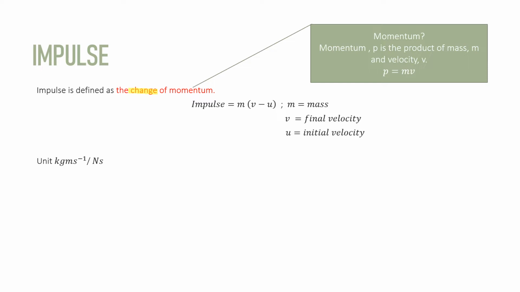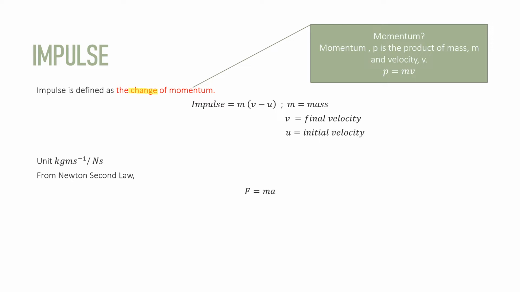Why can we write it as Newton second too? From Newton's second law of motion, we know that F equal to ma, where F is the force, m is the mass, a is the acceleration. Now, let's replace a with its formula, which is a equal to (v - u) divided by t.